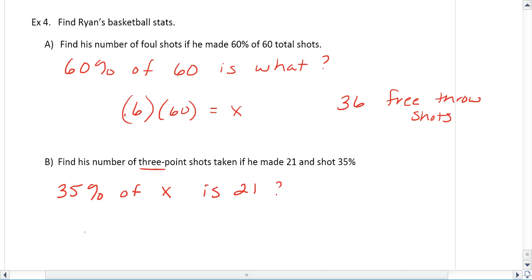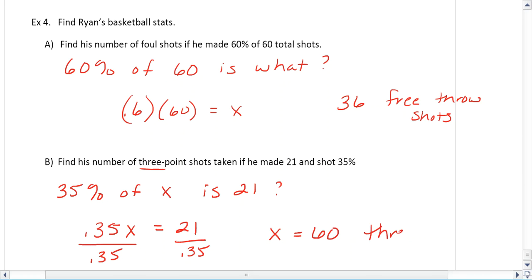Writing the equation, 35% becomes 0.35, of is multiply, so times x, is equal to 21. We divide both sides by 0.35, and if I divided that correctly, I got 60. So that means he attempted 60 three-point shots.